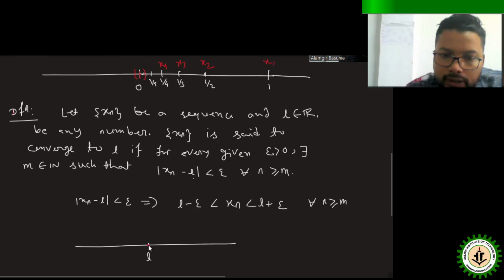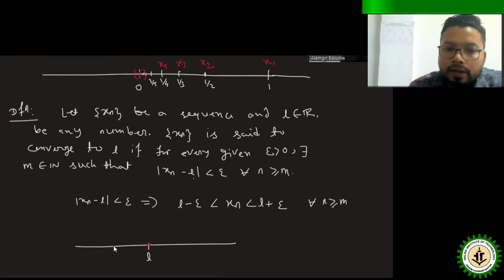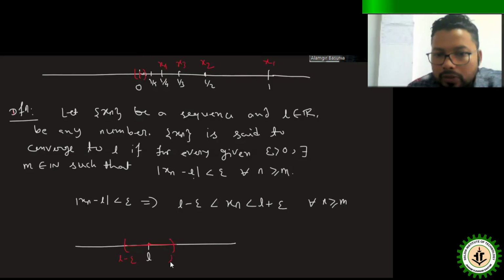This is our L, and this distance is our epsilon. This is L minus epsilon, and this one is L plus epsilon.